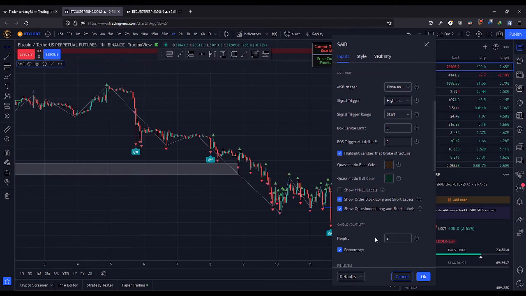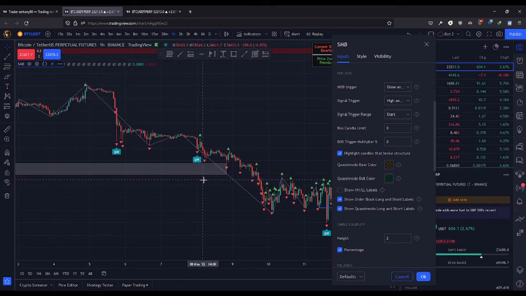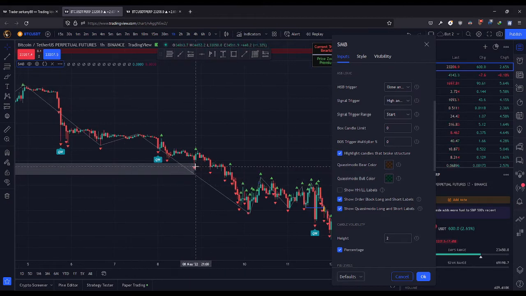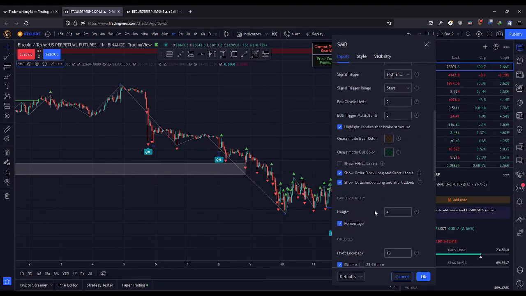it's going to draw these candles, which means that the break actually does not count to the system, so it's not going to provide you any signal with that. And you can increase this based on your preferred value, and this is a way to stop the pump and dump schemes.